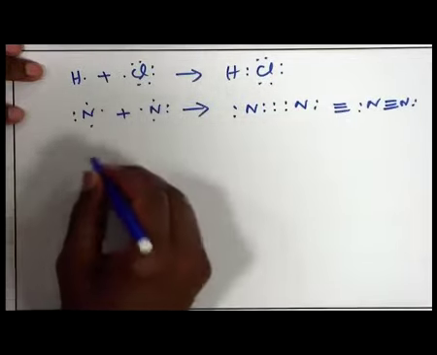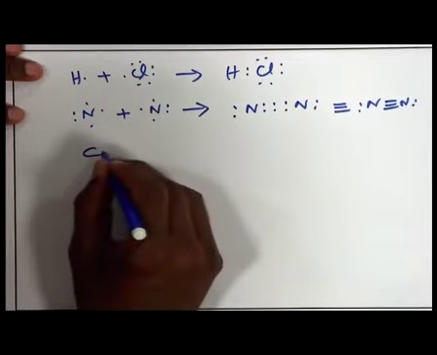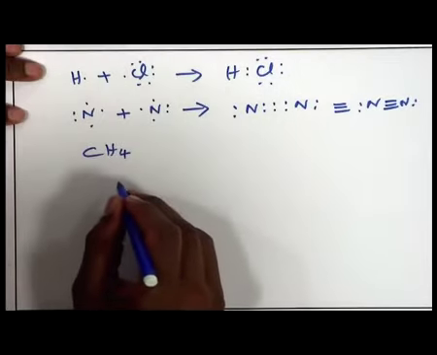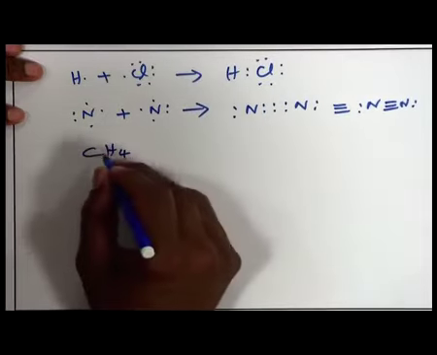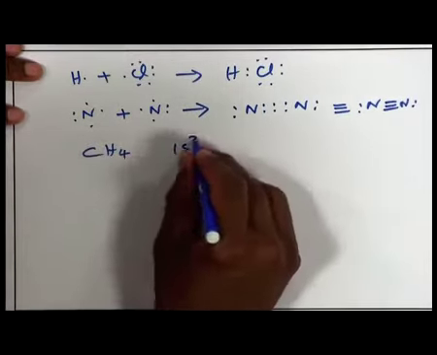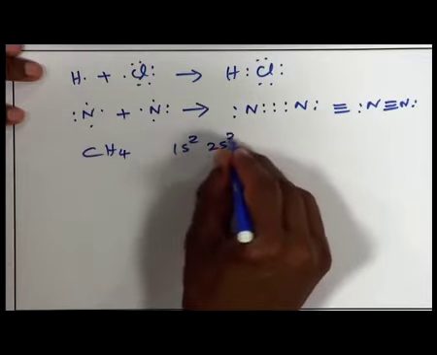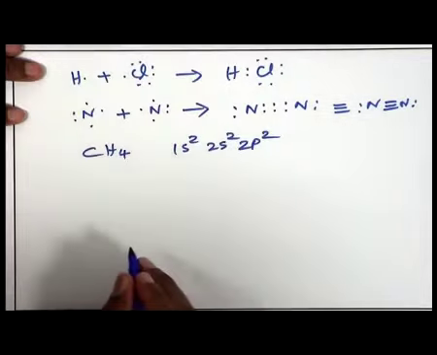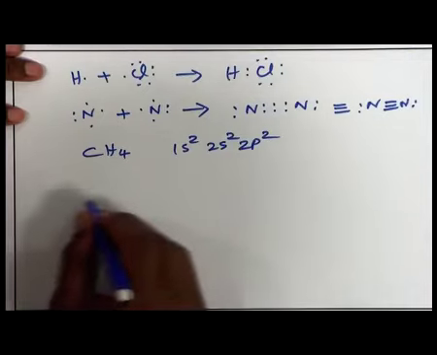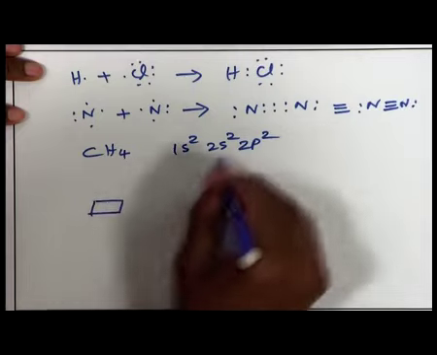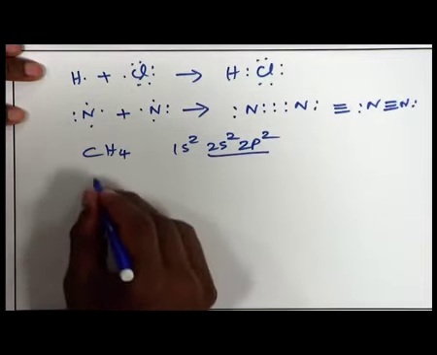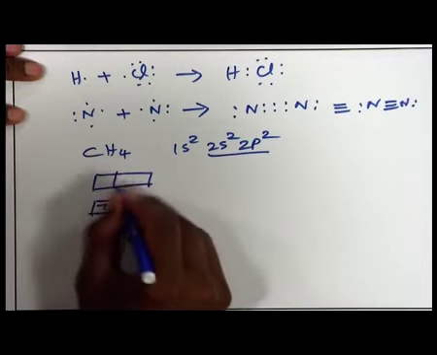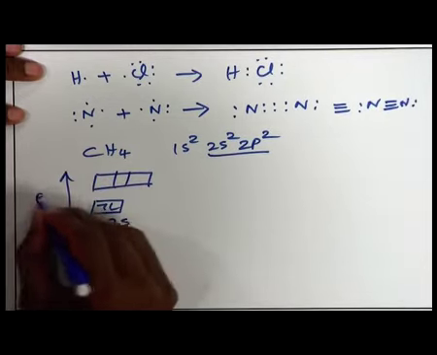Now, if you take carbon, for example, methane, 4 bonds are formed. But if you look at the electronic configuration of carbon, it is 1s2, 2s2, 2p2. Its energy levels I can draw in this way. The valence electrons: this is the 2s orbital containing 2 electrons, and this is the energy axis.